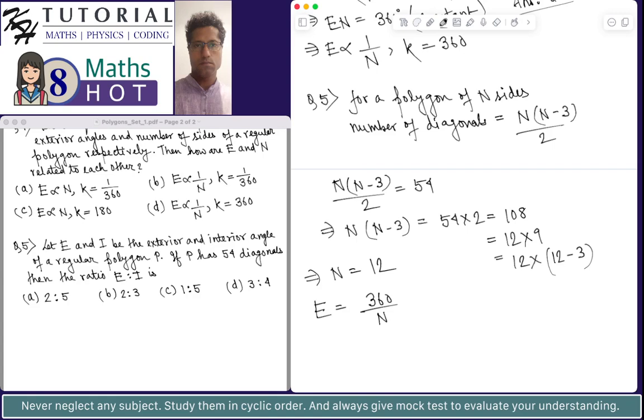So E is this, and each interior angle is, as per the formula, 180 multiplied by n minus 2 divided by n, where n is the number of sides of a regular polygon.